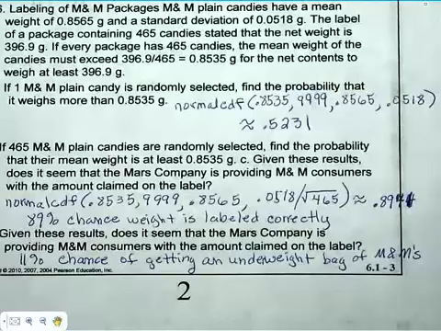Would this 11% chance of getting an underweight bag of M&Ms make you want to sue the Mars Candy Company? Probably not. But what if some prenatal vitamin was causing 11% of pregnant women to have premature babies? That would be a lot and probably would have practical significance.